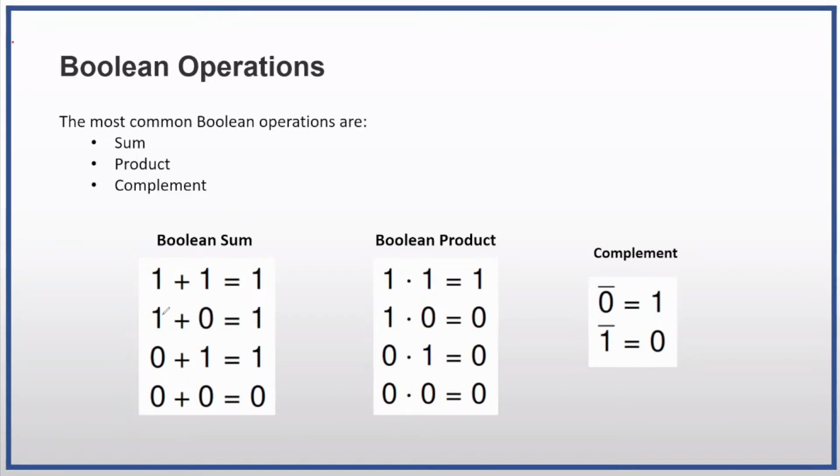In the sum, you can see when the inputs are 1 and 0, and 0 and 0, you always get the answers like the normal mathematical arithmetic operations. But when the sum is 1 plus 1, the output of the system is 1.